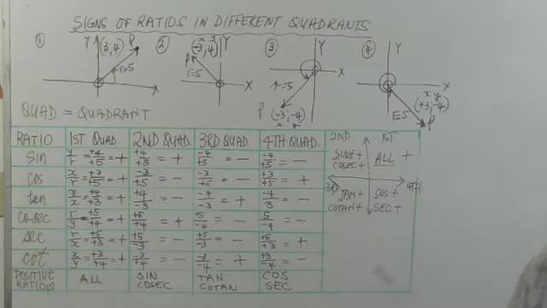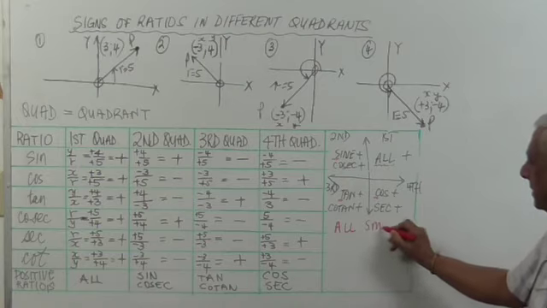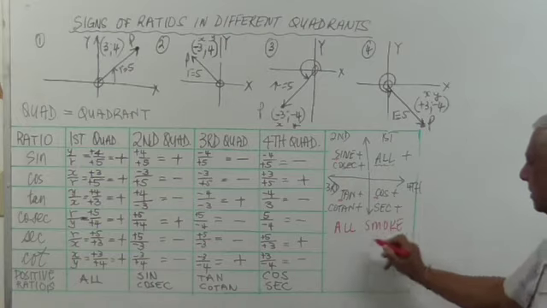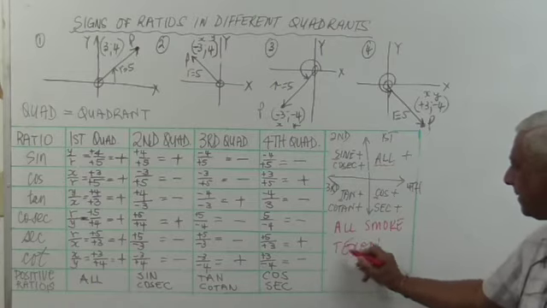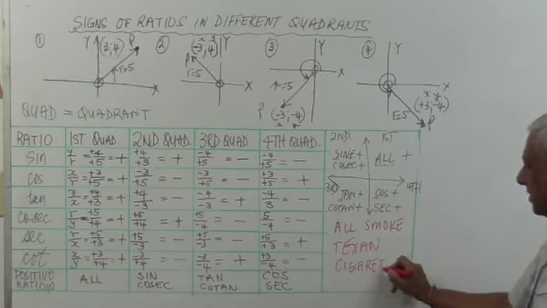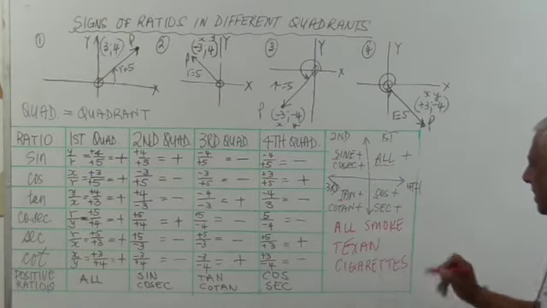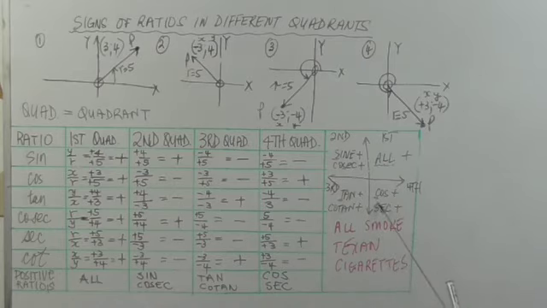When we look at those first letters, we can end up saying: All Smoke Texan Cigarettes. We're not encouraging you to smoke, but we're just using this to remember. All smoke Texan cigarettes. So this all positive, sine positive, tan positive, cos positive.